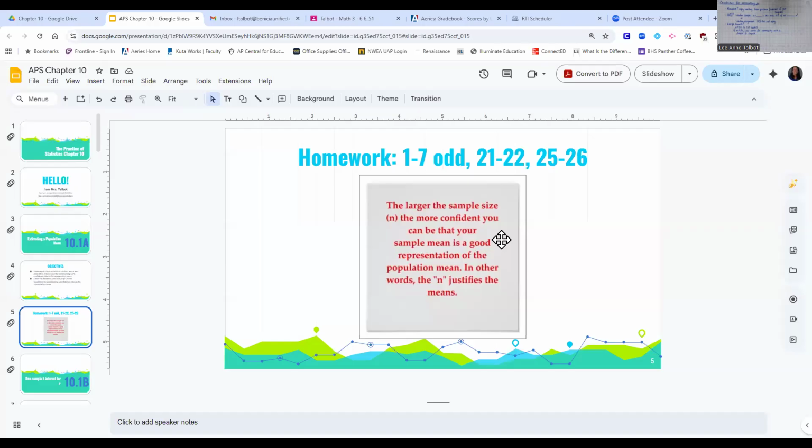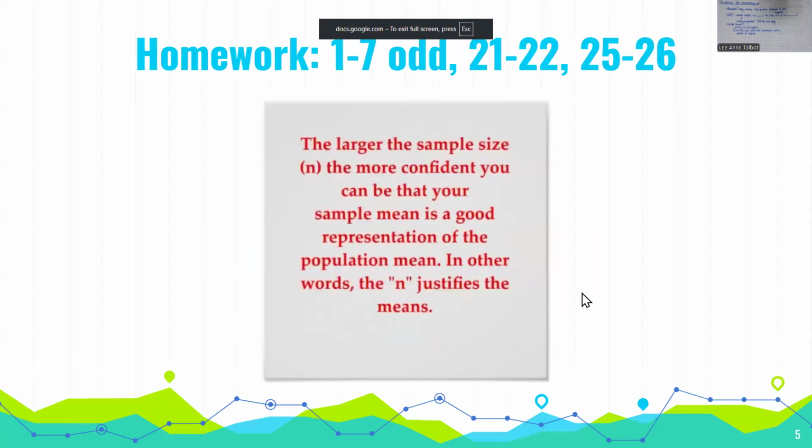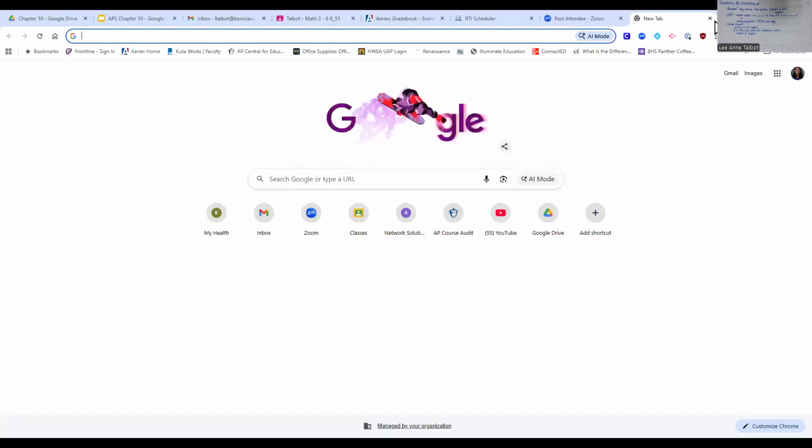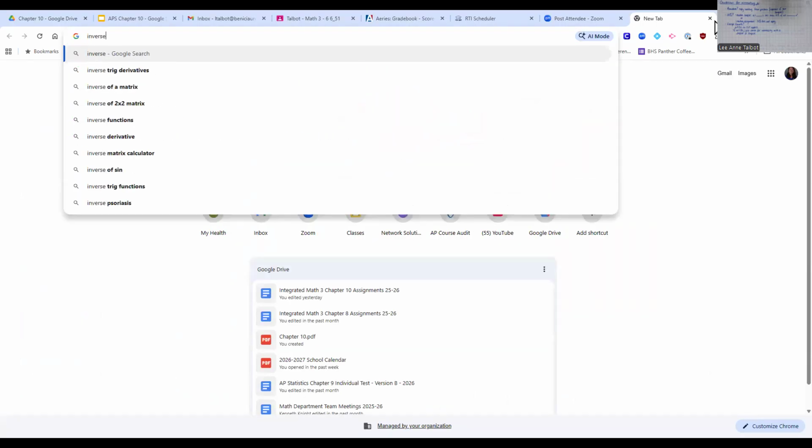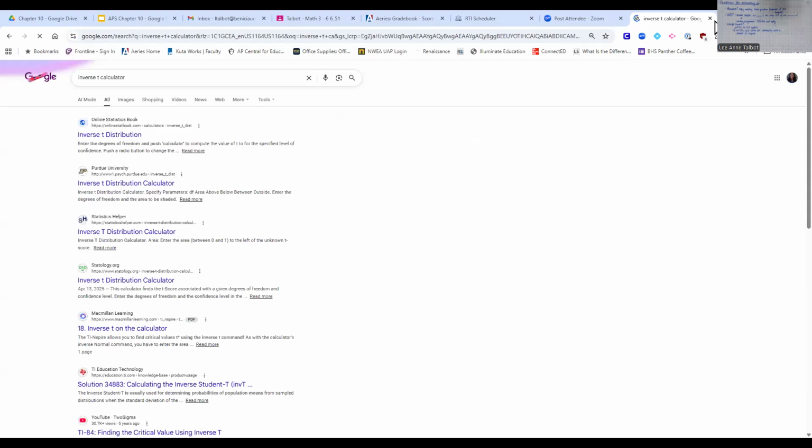It says, the larger the sample size n, the more confident you can be that your sample mean is a good representation of the population mean. In other words, the n justifies the mean. Is it gonna, there we go. Yes. What? Oh, I didn't do it yet. I will.